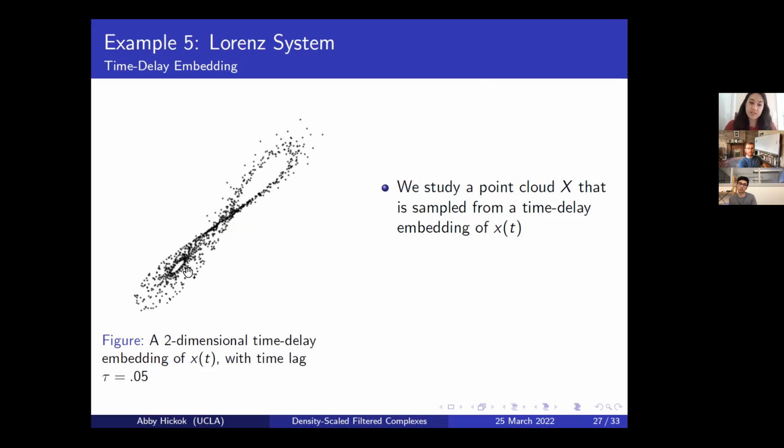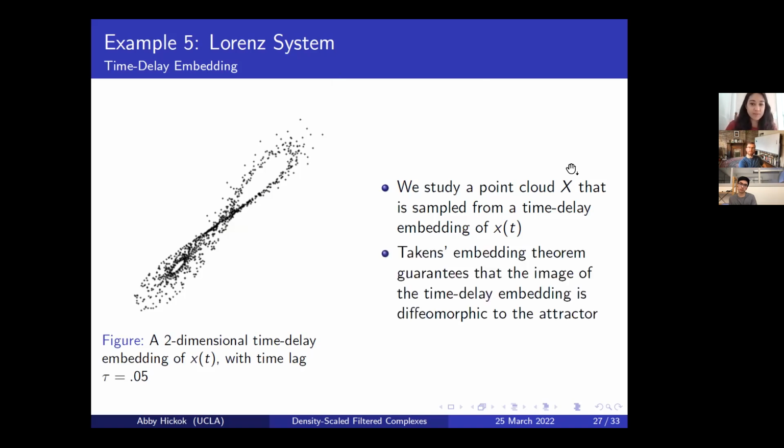Using two dimensions is the standard. By Takens' theorem, the image of the time delay embedding is still diffeomorphic to the attractor, so we're still looking at the same space. You can see there are still these two holes. One of the holes is much smaller than the other, but the density is also higher to compensate, so we still have lots of information about this small hole.